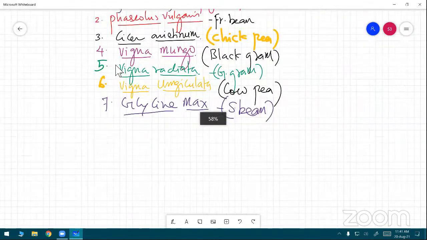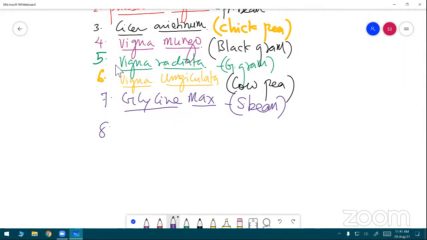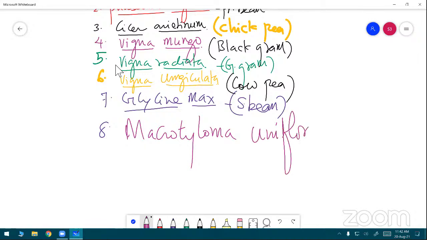The eighth one is Macrotyloma uniflorum. It is the binomial of horse gram.